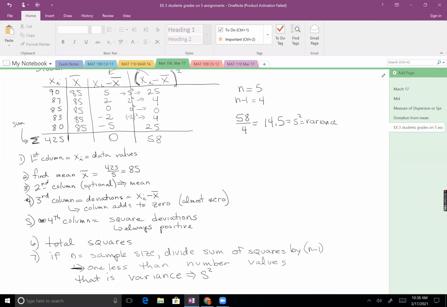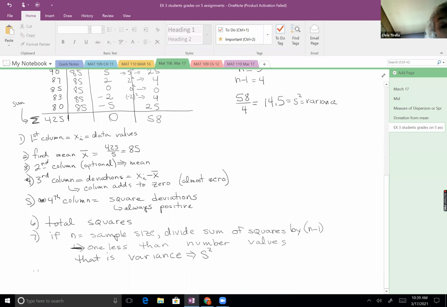We can still see. Okay. And so that's our variance, and that's a measure of dispersion. But as I look at these numbers and I look at their differences from the mean, 14.5 seems large to describe that deviation. And the reason it's large is because we squared the numbers.